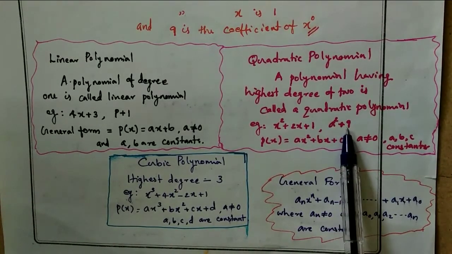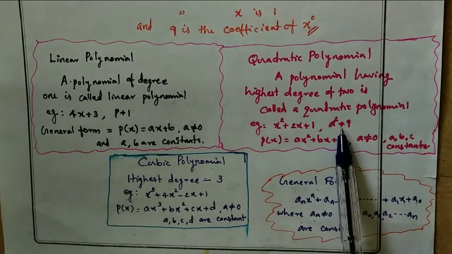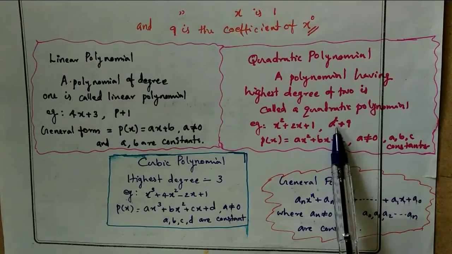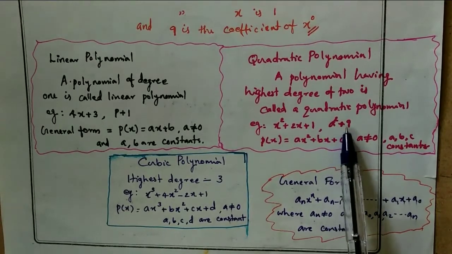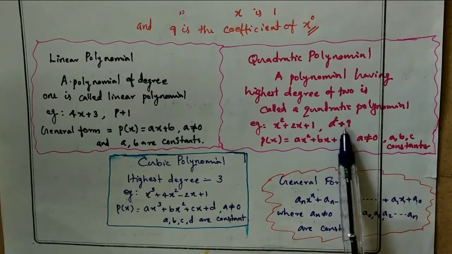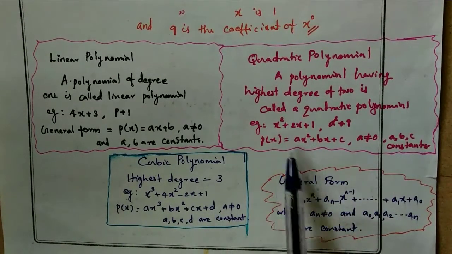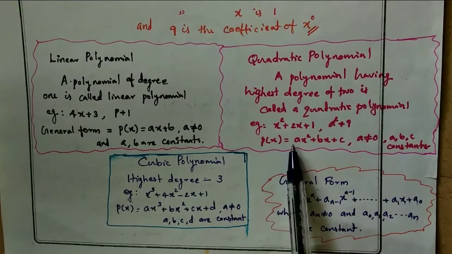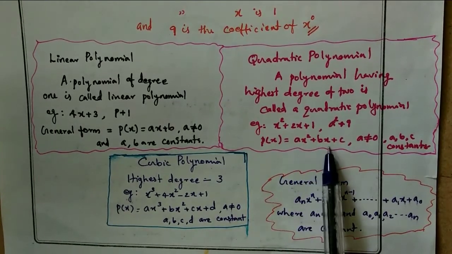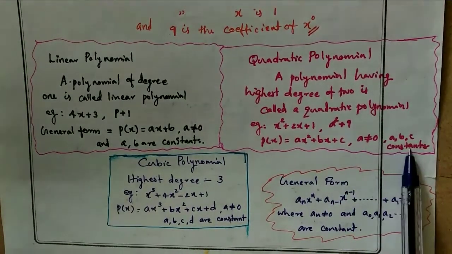So a square plus 9 is called a quadratic polynomial. Here we have a missing term, so you can write a square plus 0a plus 9. So a square plus 0a plus 9 is an example of a quadratic polynomial. Then the general form is p of x equal to ax square plus bx plus c, a not equal to 0, a, b, c constants.